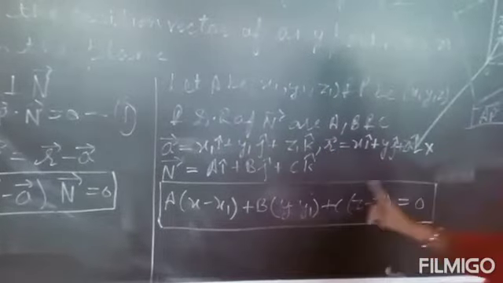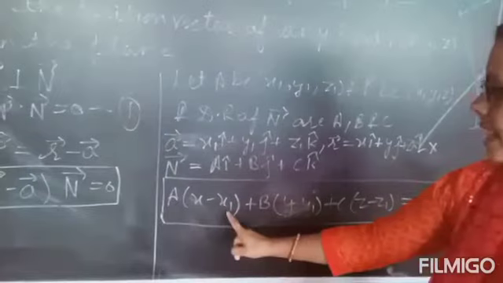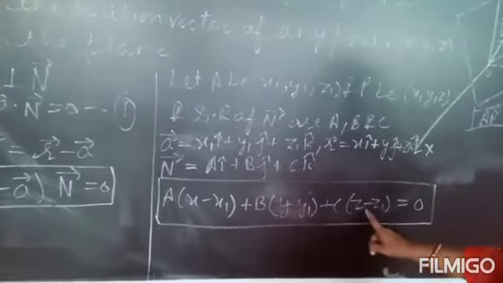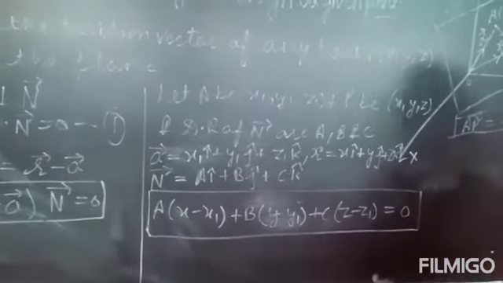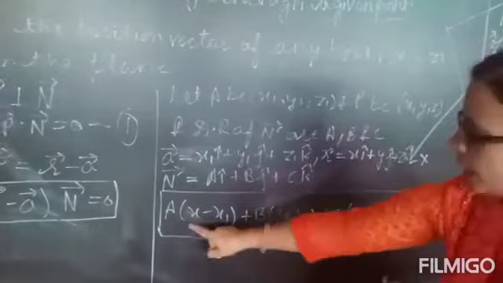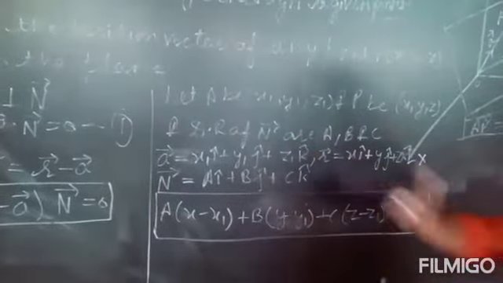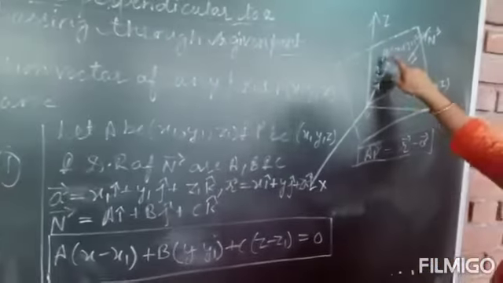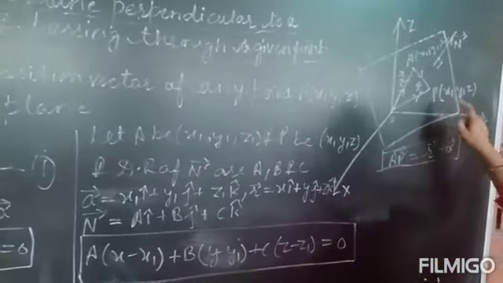On putting all the values in this equation, we get a(x minus x1) plus b(y minus y1) plus c(z minus z1) equal to 0. That is the Cartesian form of this equation, where a, b, c are the direction ratios of n, x1, y1 and z1 are the coordinates of point A, and x, y and z are the coordinates of point P.